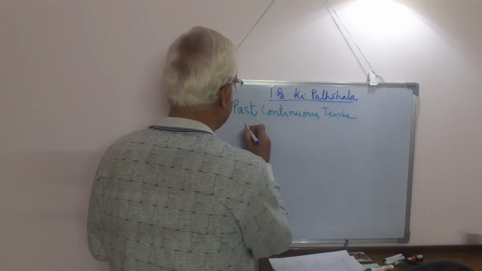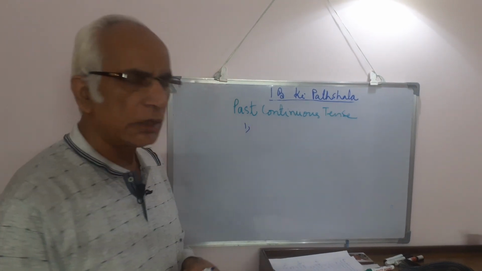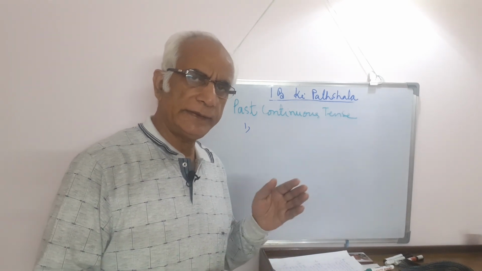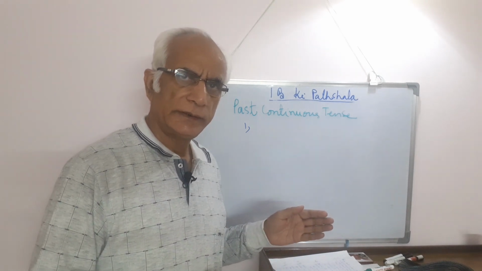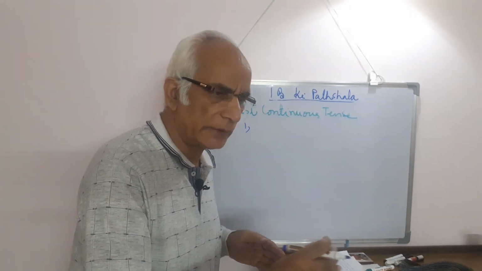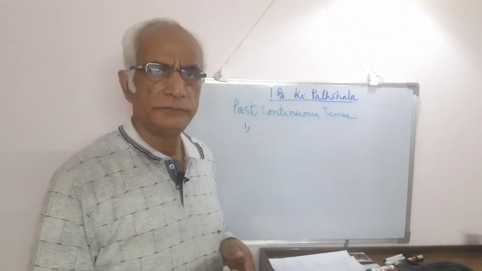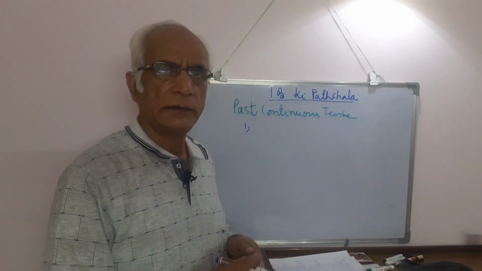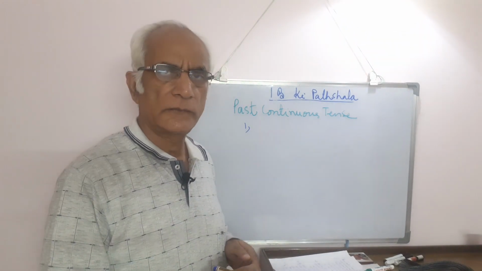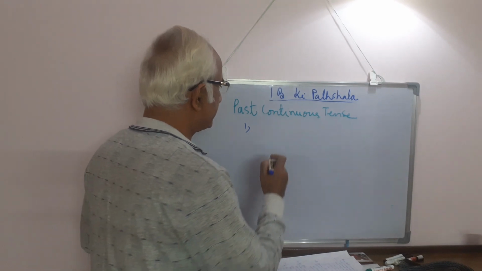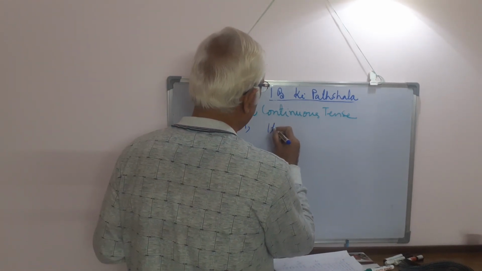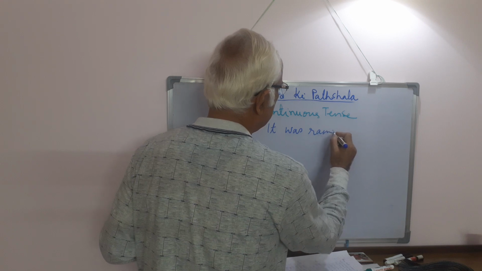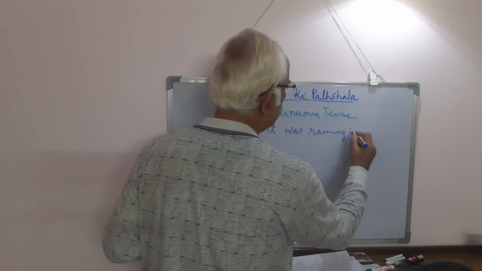First situation is when we talk of actions or activities that happened in the past and were continuing for some time. Possibly they were not even over. For example, if I say it was raining in the morning.